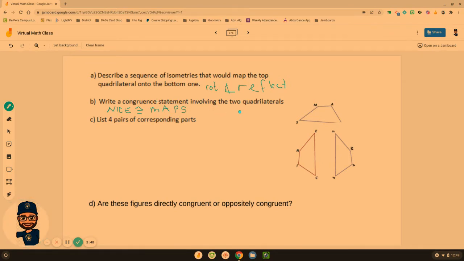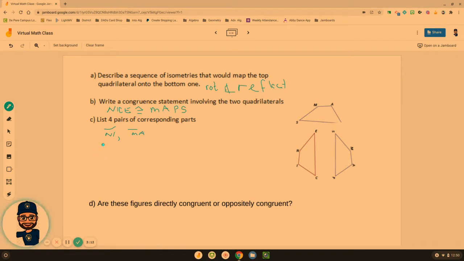And we can do that because we know that we rotated and reflected. Therefore, it's the exact same shape and size. List the 4 pairs of corresponding parts. Really we're talking about the sides. The segment NI corresponds to segment MA.